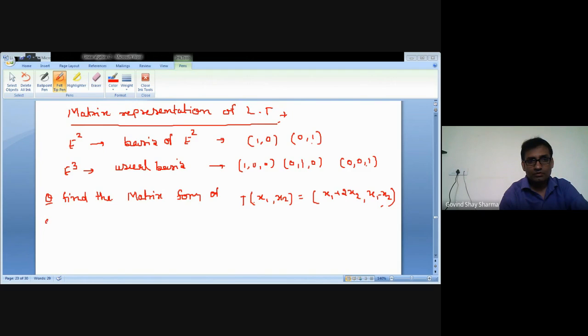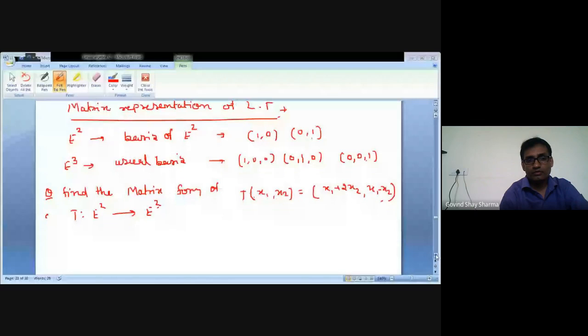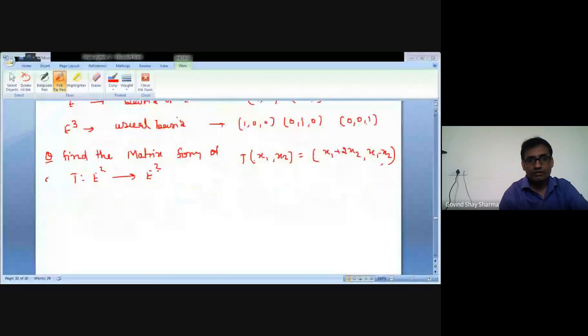So first we take T from R2 to R2. So we write the matrix form, the solution.